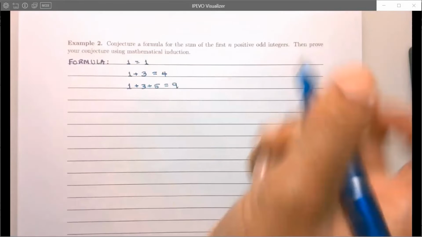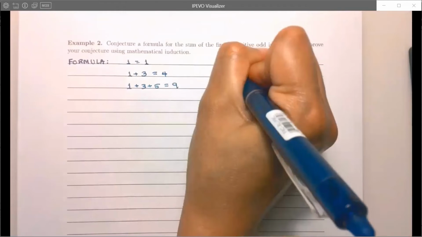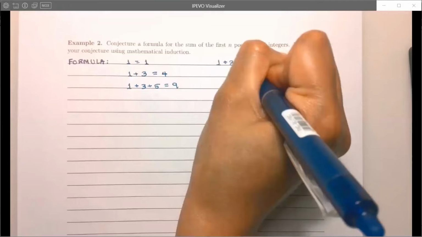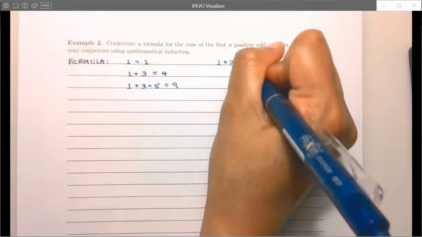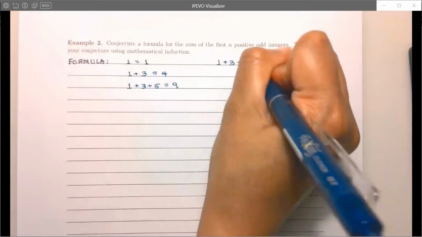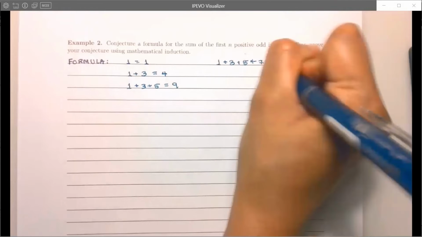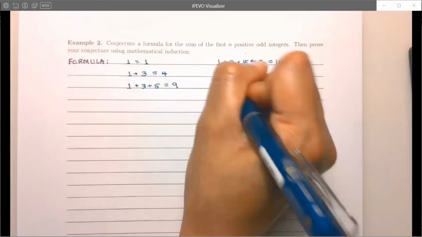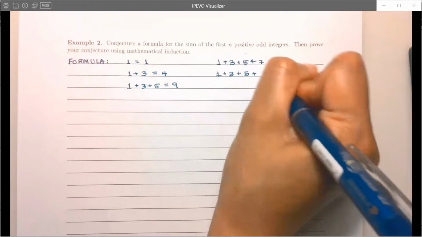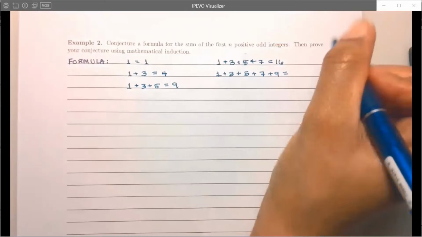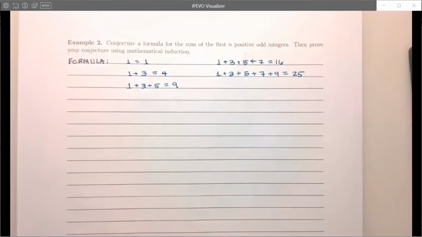If I take the sum of the first 4, oops, skipped over the 5, we get 16. And I'll do one more. The sum of the first 5 is 25.